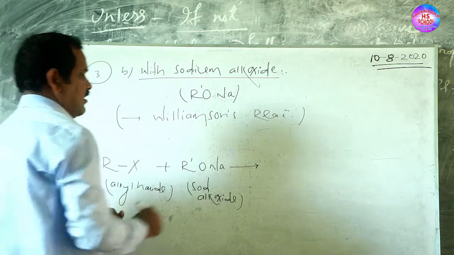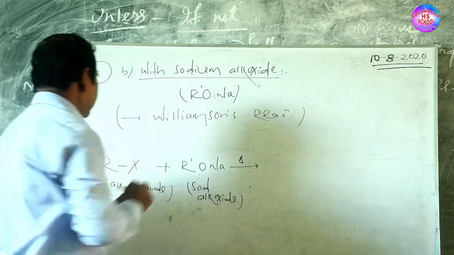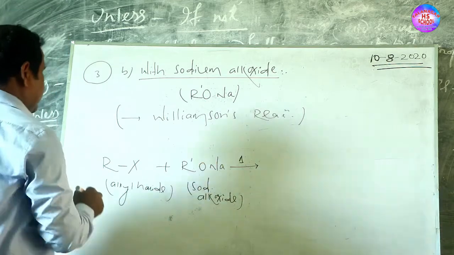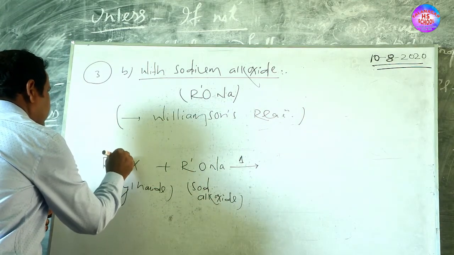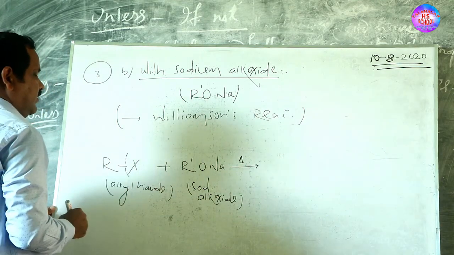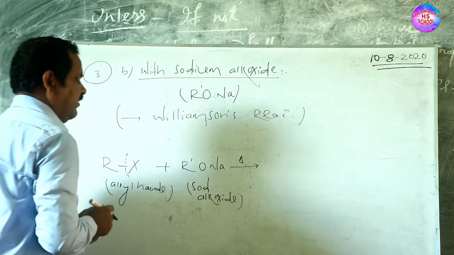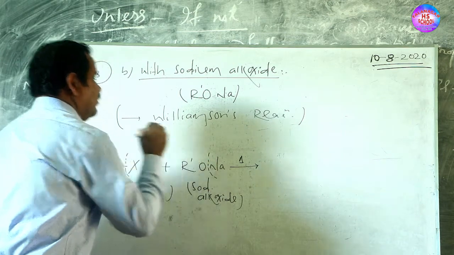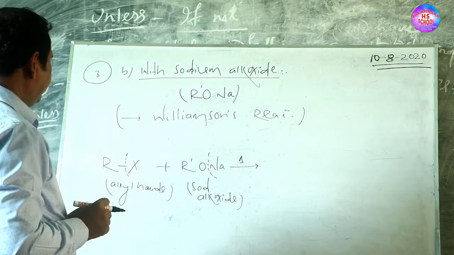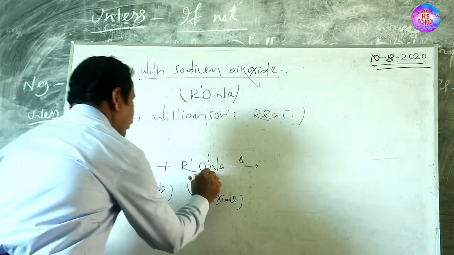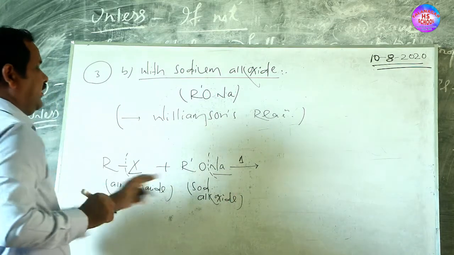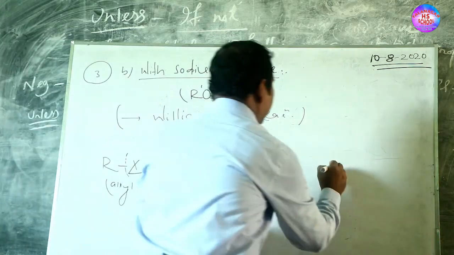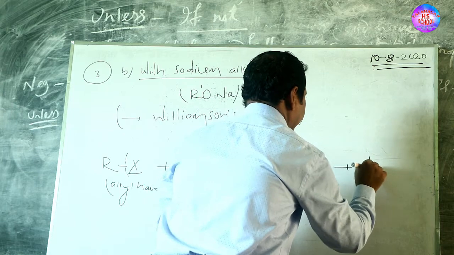When the two components are heated, the RX bond breaks, and from sodium alkoxide the ONa bond also breaks upon heating. So we get sodium halide, NaX, on the product side.